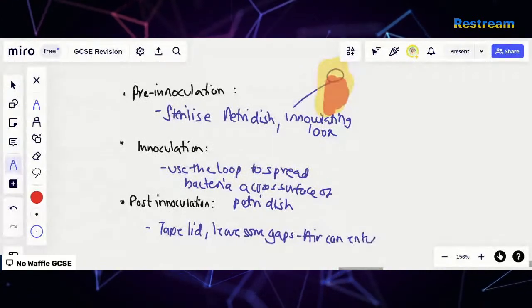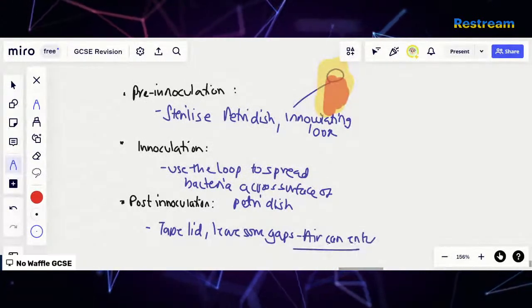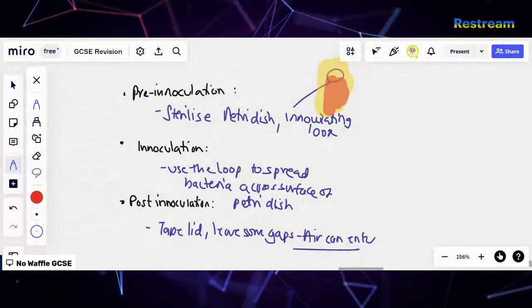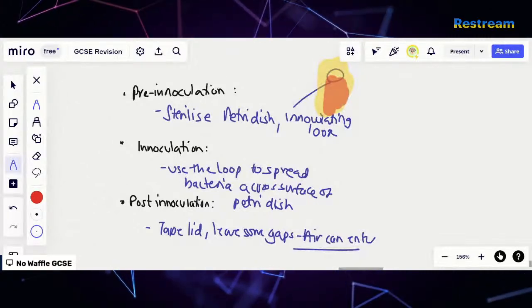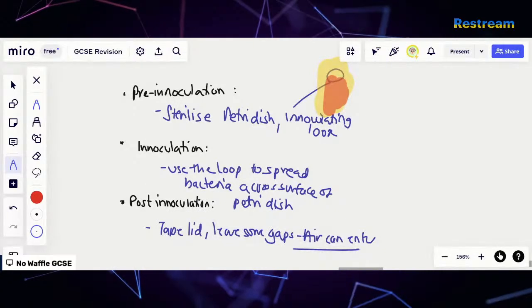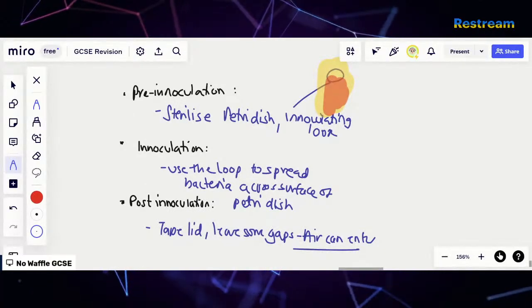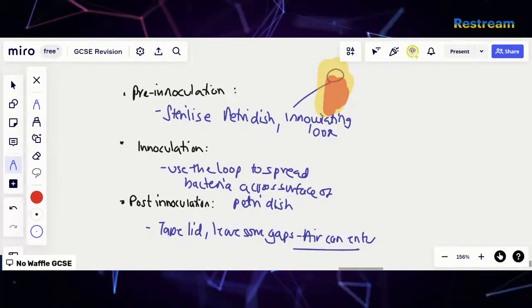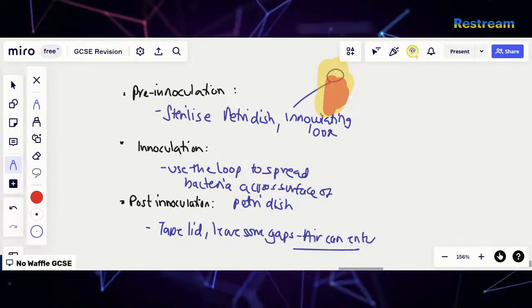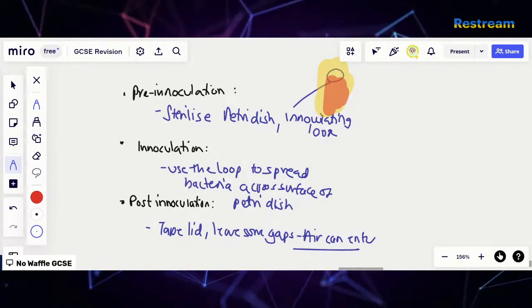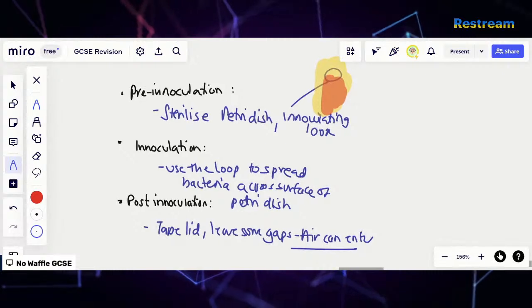The reason why we want air to enter is so that it undergoes aerobic respiration, because if it was to undergo anaerobic respiration without air, this means that it could lead to really harmful bacteria starting to grow. And we don't want that from occurring. Okay.